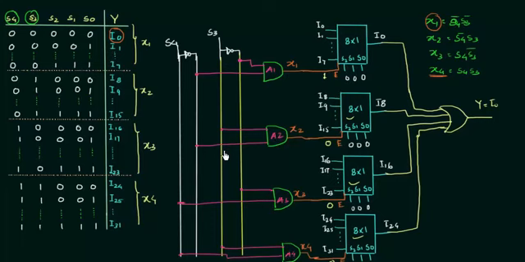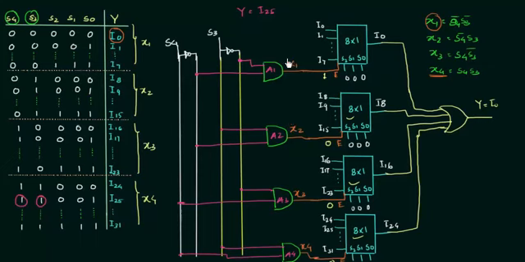Now let's pick one random output that we want. Let's say the output y is equal to I25. For I25 you can see we have S4 as 1, S3 as 1.